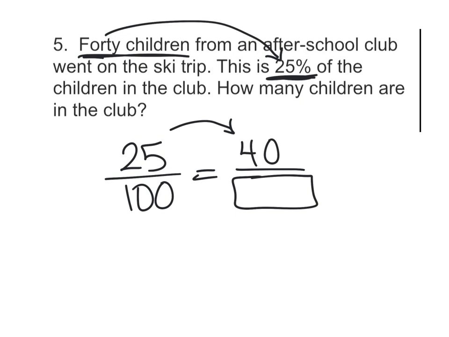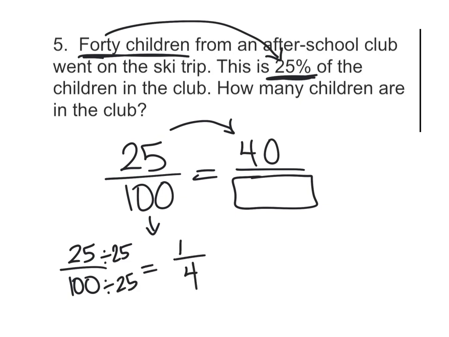And so I'm going to simplify my first ratio to make this a little easier on my brain. So 25 to 100, if I divide by the greatest common factor, which is 25, I get 1/4.